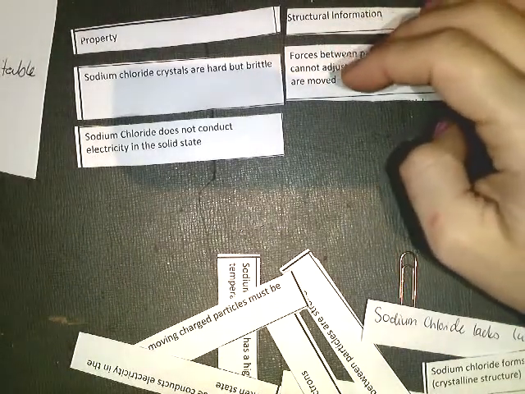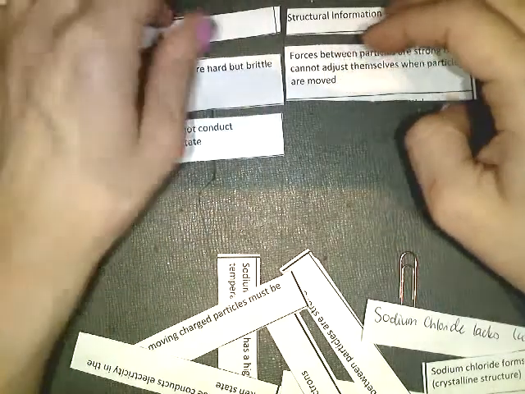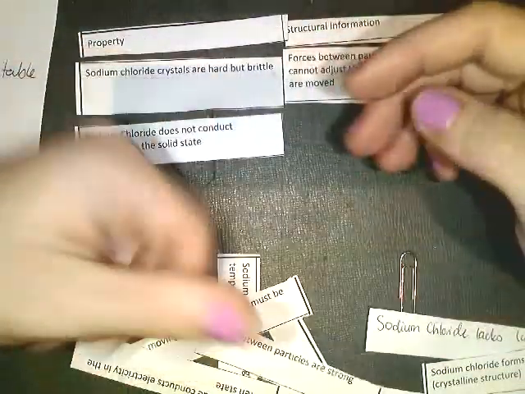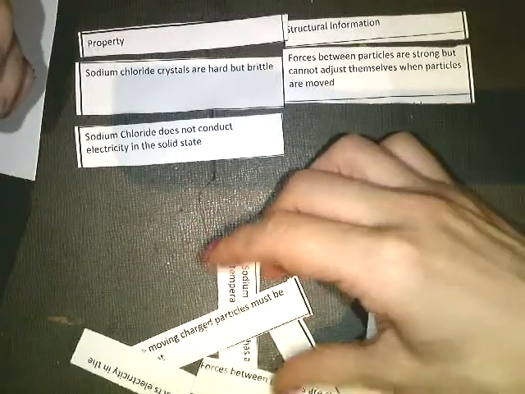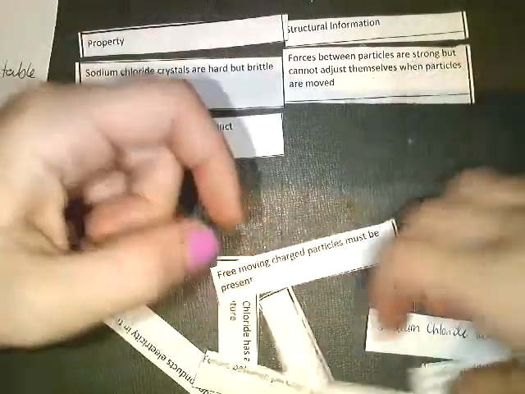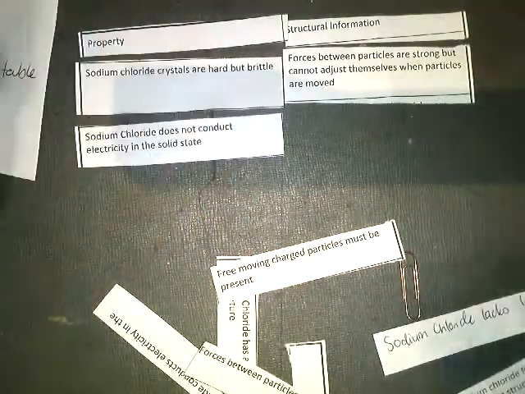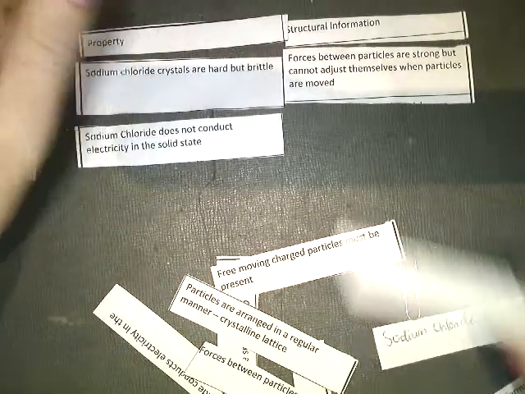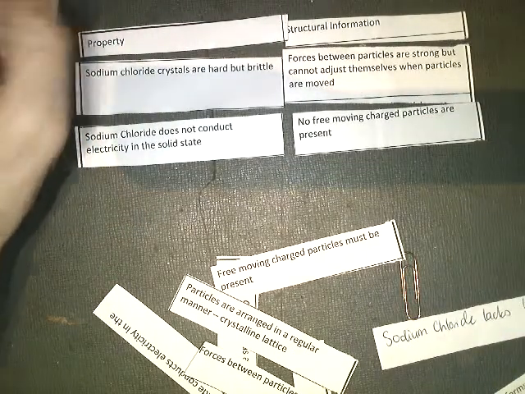Now, why do metals conduct electricity? The reason is because they've got delocalized electrons. So to conduct electricity, you need charged particles. Basically it means that no free moving charged particles are present.